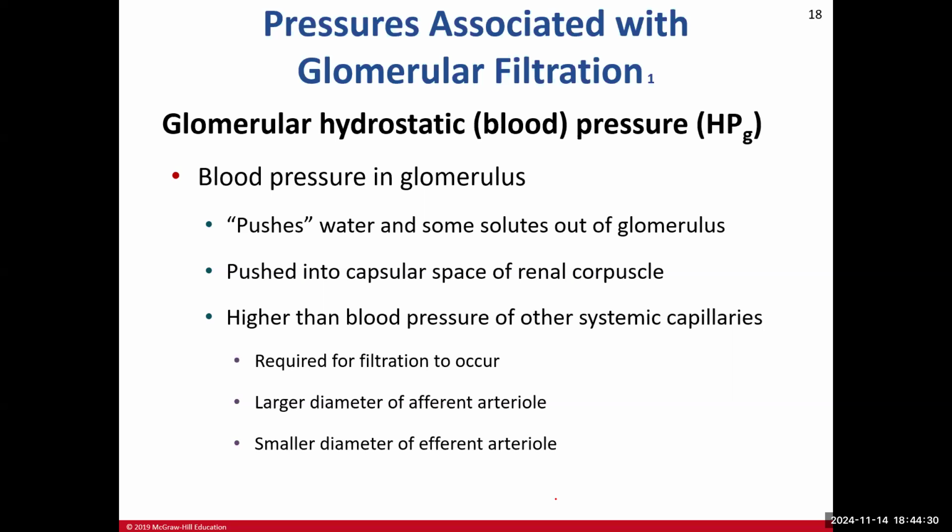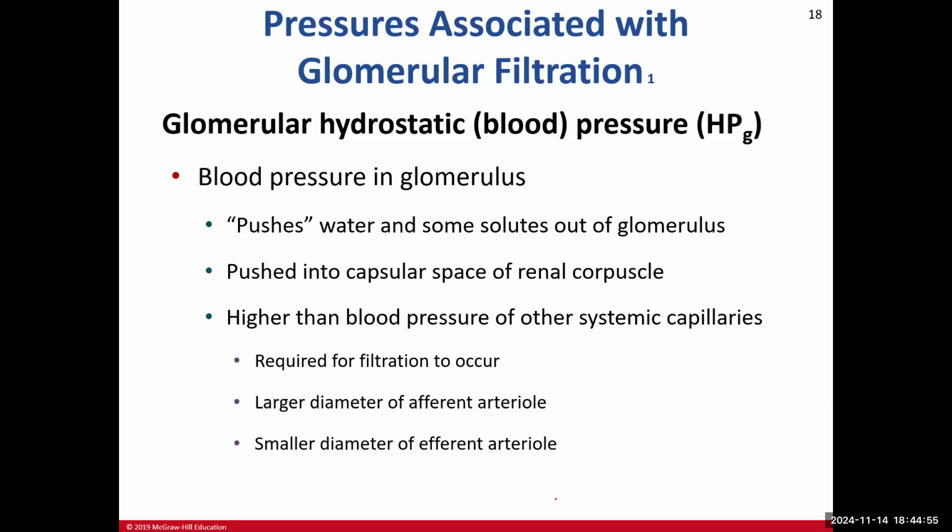And what's the filtration process? It's going into the capsular space. Yeah, that's what I'm assuming that you meant. So when we talk about glomerular filtration, we're talking about the stuff leaving your capillaries and going into the capsular space, that filtering process we just talked about. So that's what we're going to talk about here.